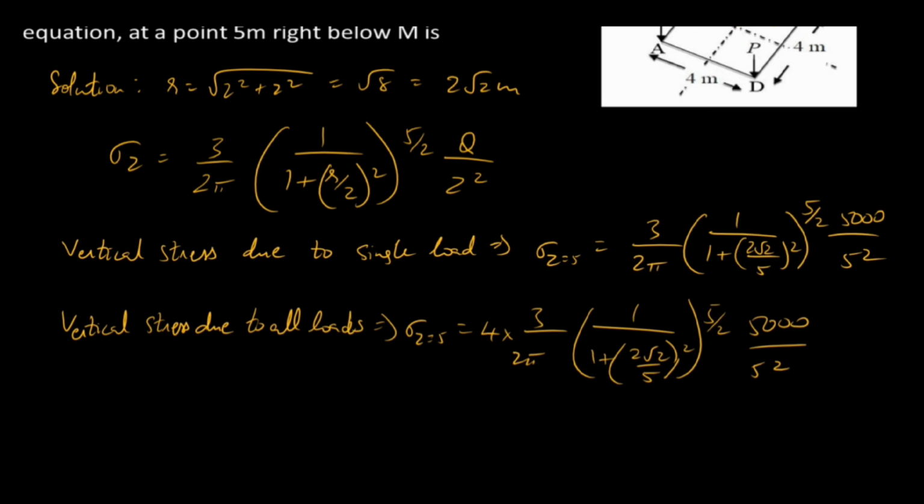So by solving this equation, we'll get vertical stress below 5 meter at point M will be equal to 190.8 kilonewton, which is nothing but 190.8 kilopascal.